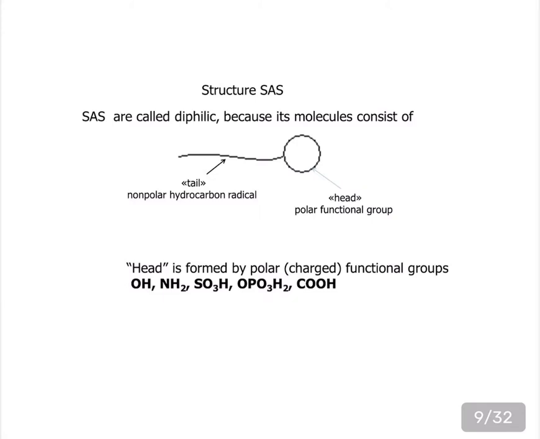So once again, surface active substances are organic substances with a diphilic structure. They include a hydrocarbon nonpolar tail and a polar head that is formed by different functional groups.